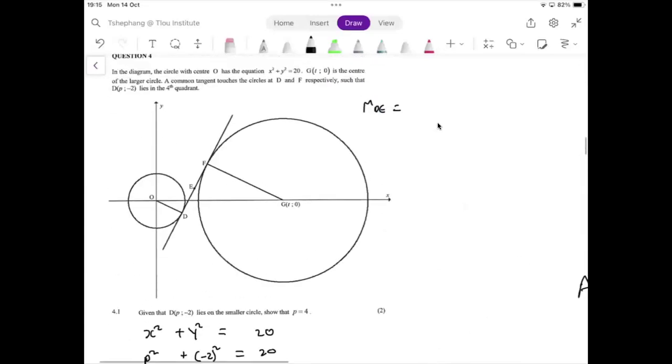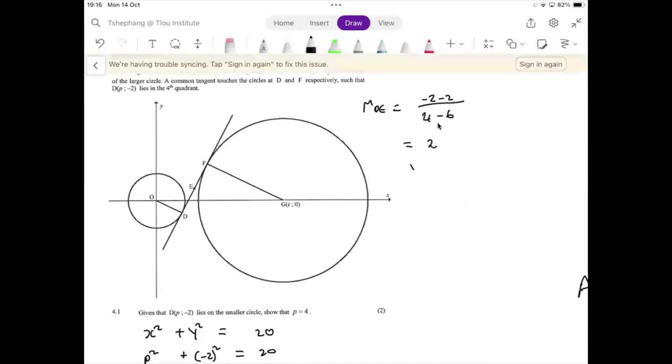So this will be minus 2 over 4 minus 6, and this is going to give us 2. That's the gradient of DE. Now we can say y minus 2 is equal to 2 into x minus 4. Then y is equal to 2x minus 10. And this is the equation.